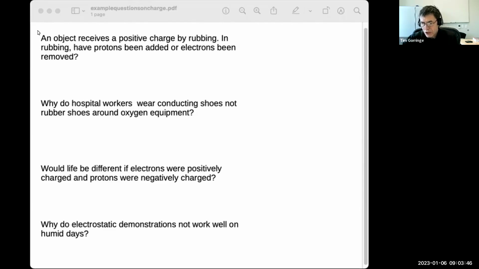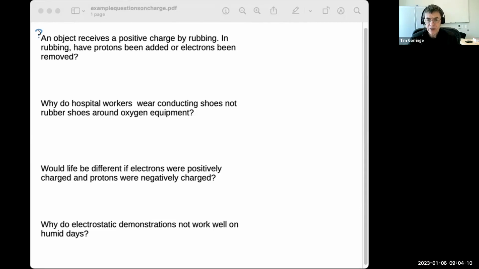So the first question here says an object receives a positive charge by rubbing, and it asks, have protons, which are positively charged, been added to the object to make it positively charged, or have electrons that are negatively charged been removed from the object?